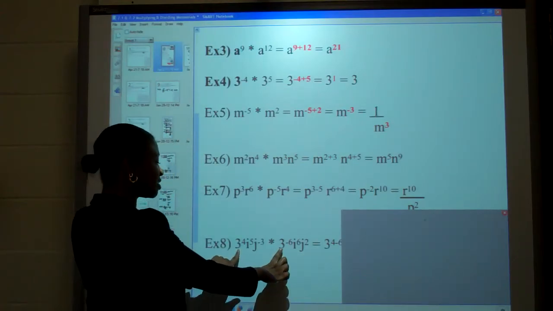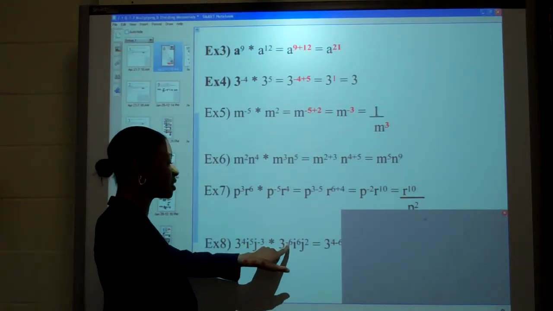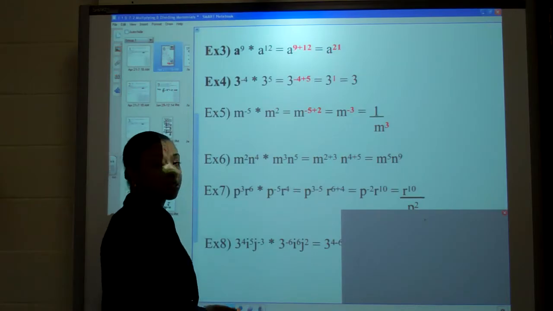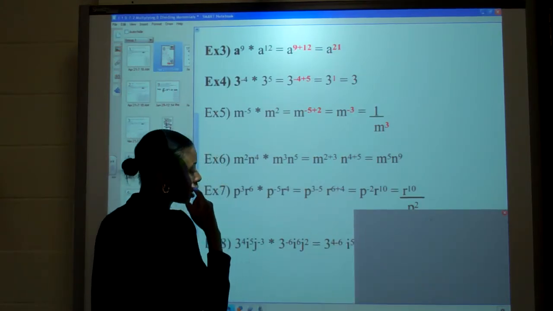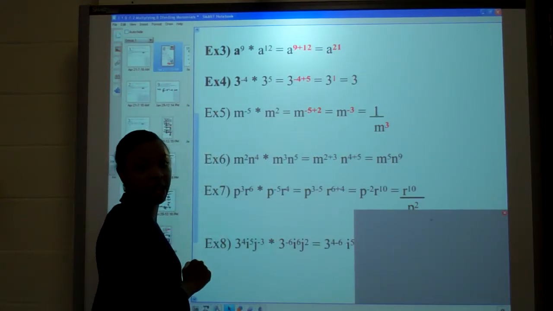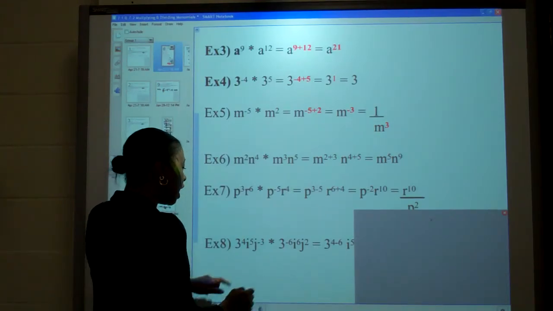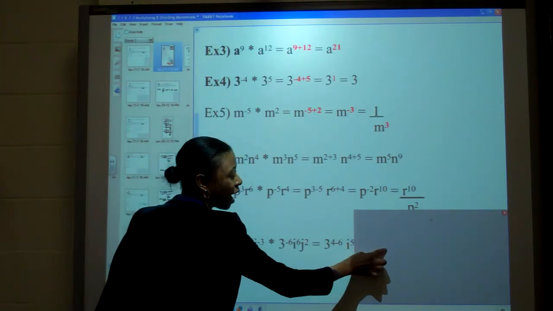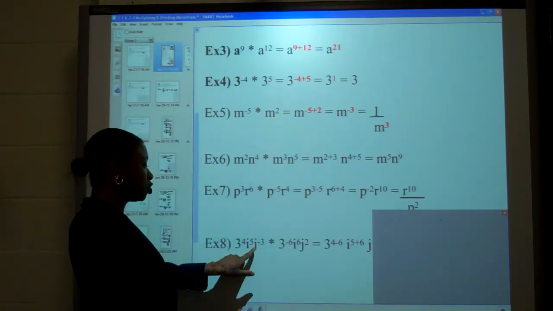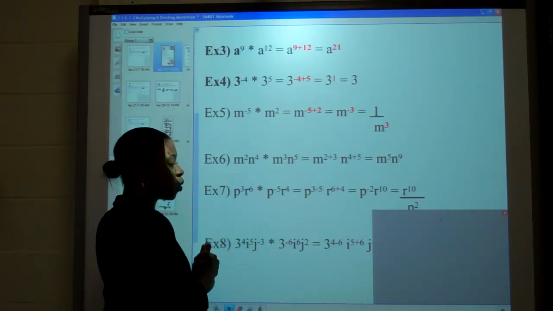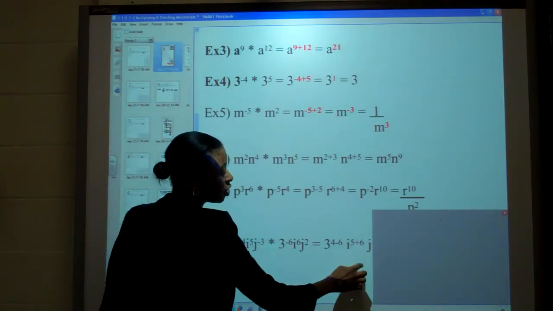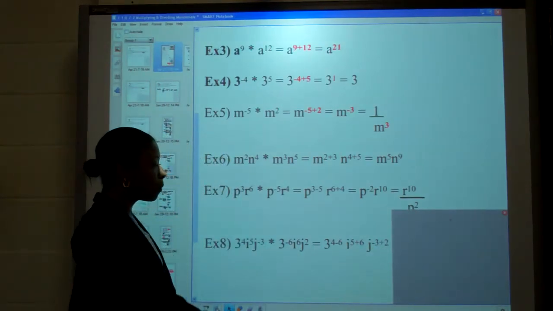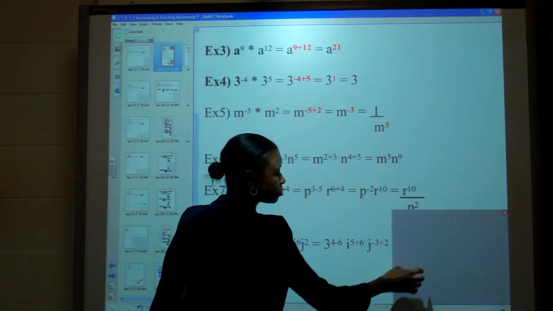Well, same base. 3 to the 4 plus negative 6, or 4 minus 6 in other words, that's going to be 3 to the negative 2nd power. And then i to the 5th times i to the 6th, which is going to be i to the 5 plus 6. And then j to the negative 3rd times j squared is going to be j to the negative 3 plus 2.